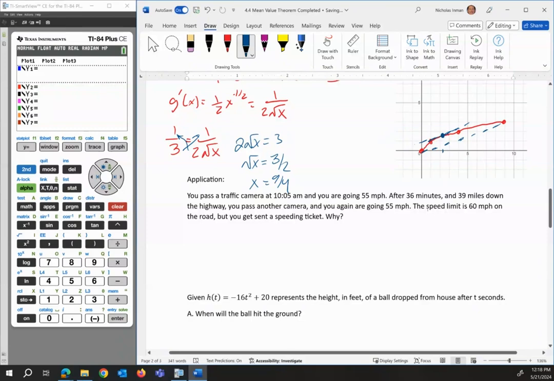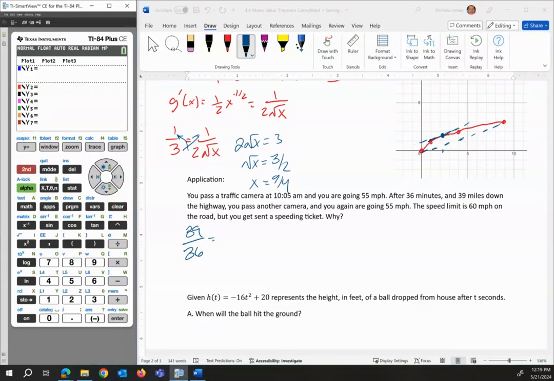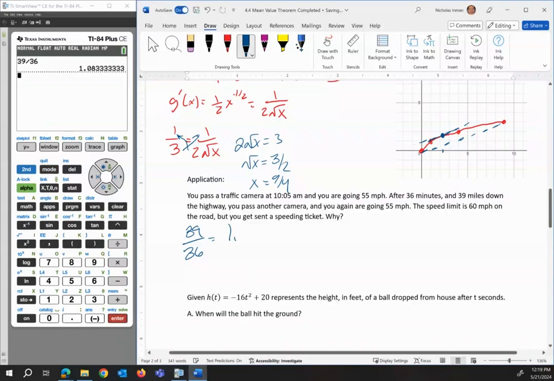Well, the idea is, yeah, you're going 55 when you pass the camera. Maybe you knew that camera was there. You're going 55 when you pass the second camera. But in 36 minutes, you went 39 miles. So that means if you take your total distance divided by the total time, you were going 1.083 miles per minute.